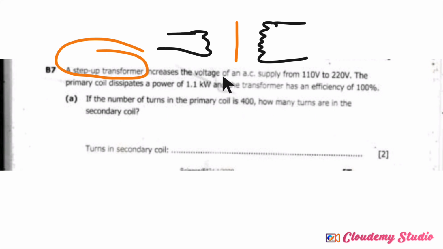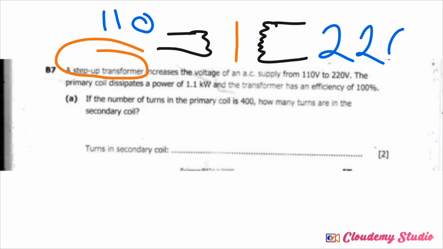Okay, so a step-up transformer increases the voltage of the AC supply from 110 to 220, meaning this is the voltage in the secondary, this is the voltage in the primary.